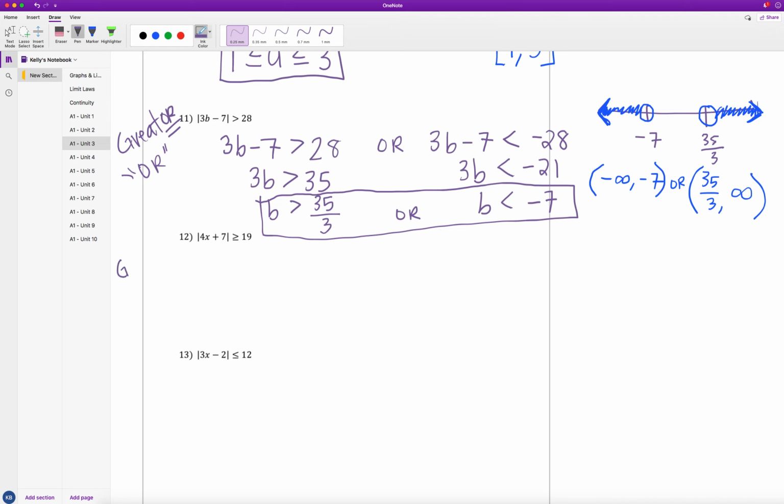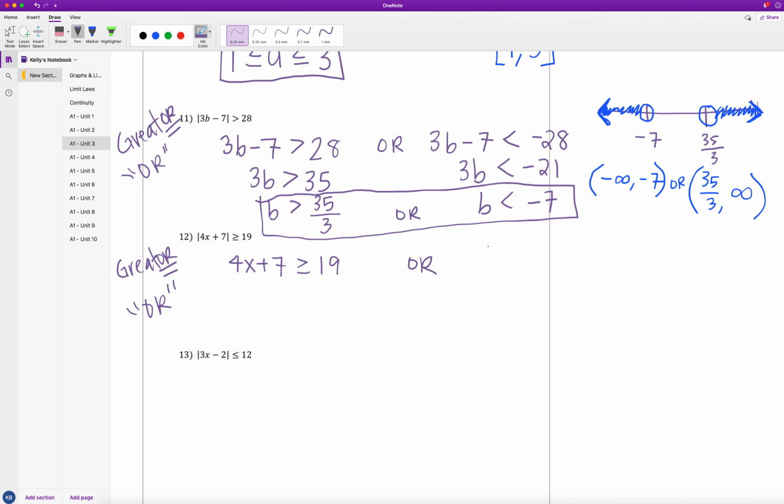So again, we're in a case with a "great or." Yes, I know I'm misspelling "greater than," but specifically it is an or compound inequality. What that tells me then is this breaks apart into 4x plus 7 is greater than or equal to 19. So the first one, just drop those absolute values.